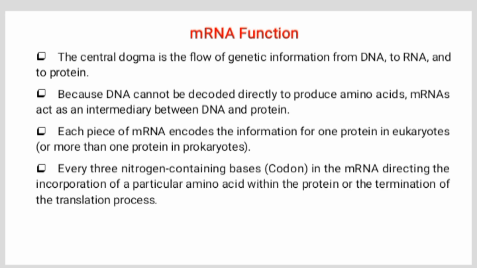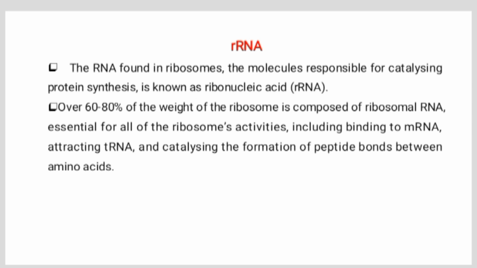So the main role is as an intermediary step between the DNA and protein. So mRNA is the main player in the production of protein molecules. Initiation, elongation, termination, all these processes occur in the translation process.